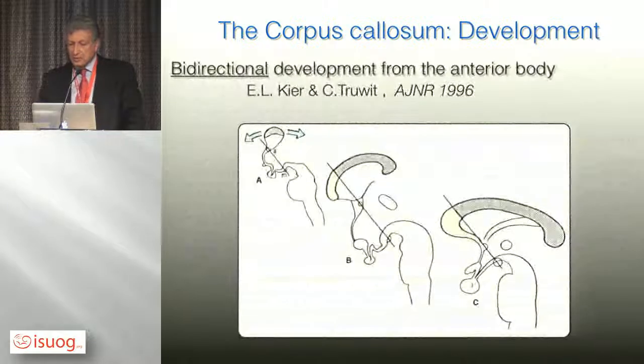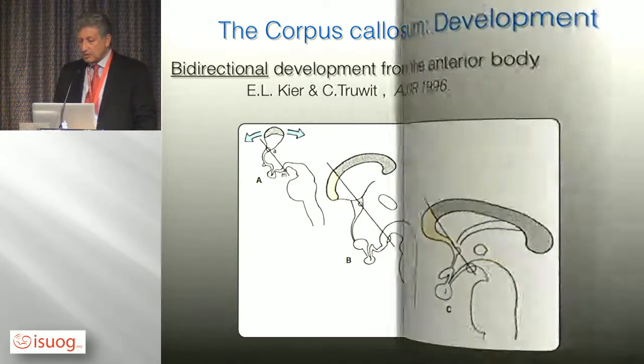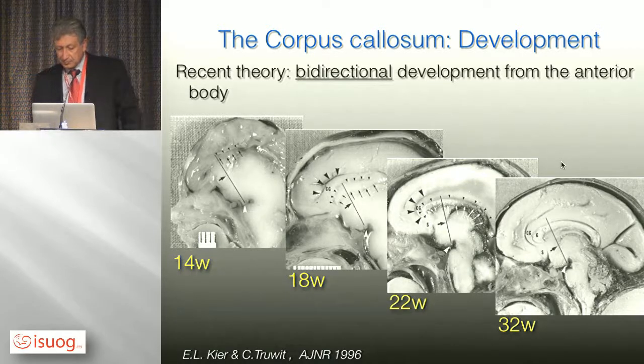By drawing this line along the anterior commissure, you can see it develops in both directions. And this is from their paper, cases from 14 weeks, where you identify the corpus callosum but not the anterior part, and then it develops in both directions until the end of gestation.